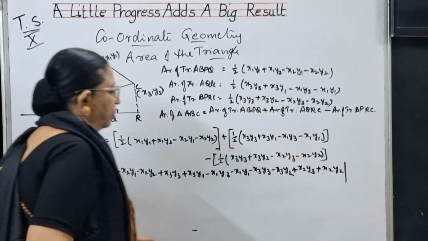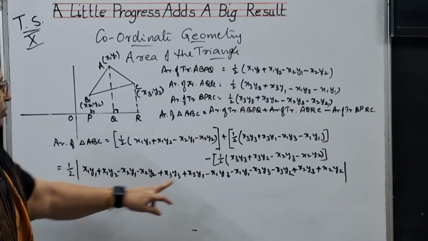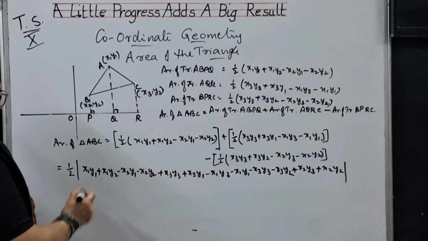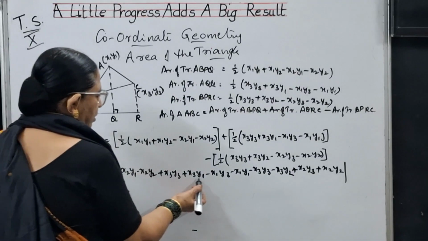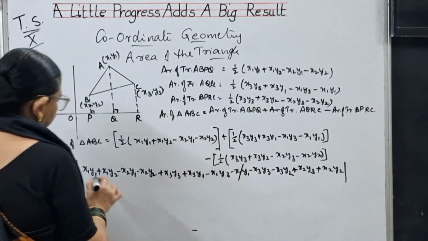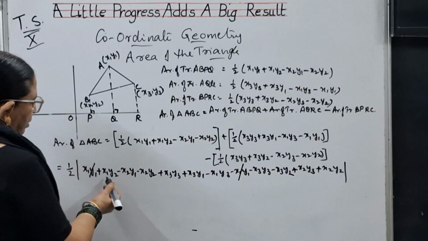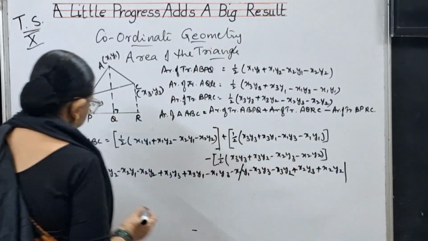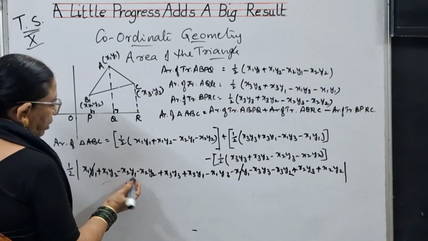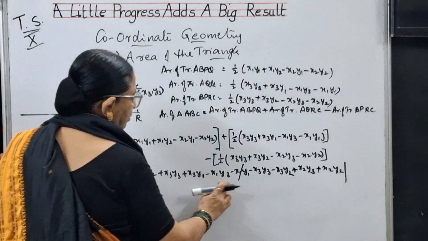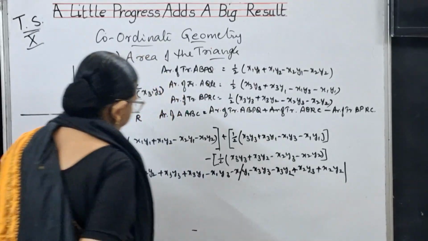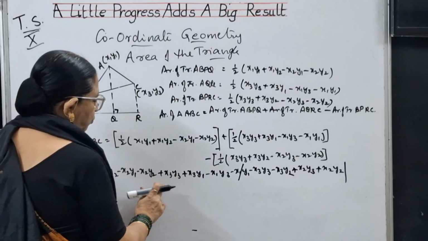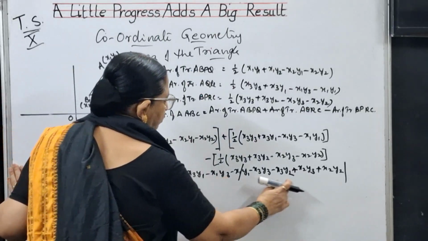So you are getting this half modulus. Now can we cancel anything? Let us see. Plus x1 y1 here, minus x1 y1 here. Let us cancel. x1 y2 is there. Is there any x1 y2? No, you cannot cancel. x2 y1 is there. Is there any x2 y1? No. Then x2 y2 minus x2 y2. Is there any x2 y2 here?